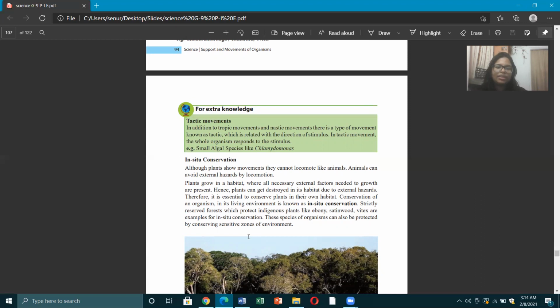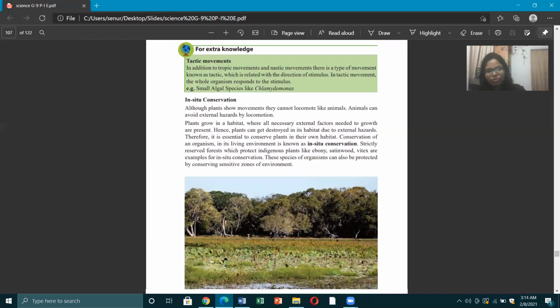One such example is an algal species, a small one called Chlamydomonas, where the whole organism responds to the incoming stimulus. Okay, so that's a tactic movement.